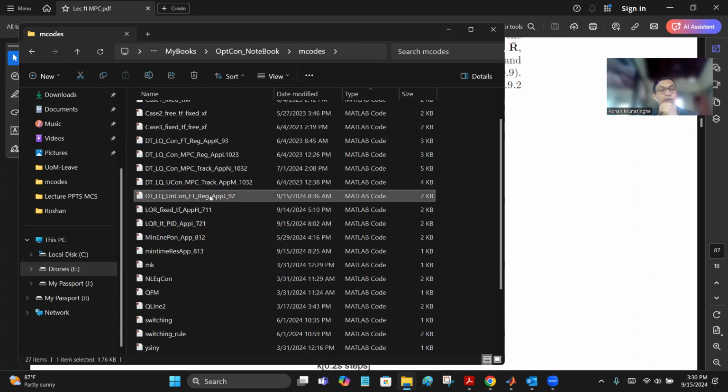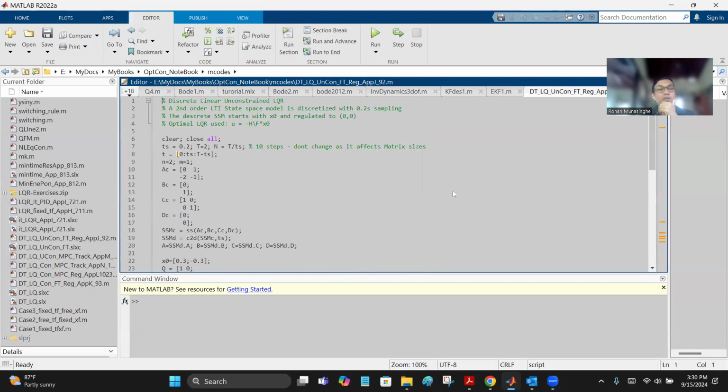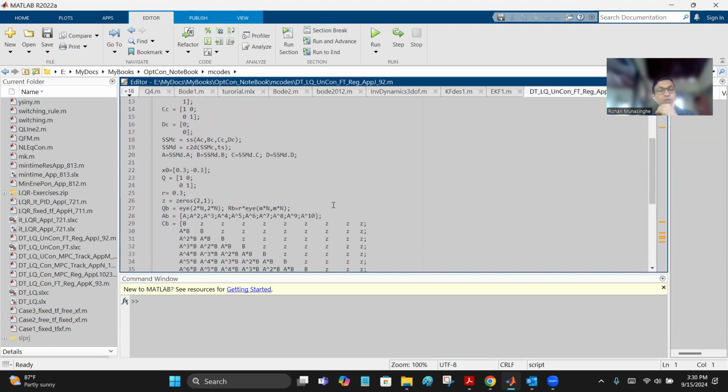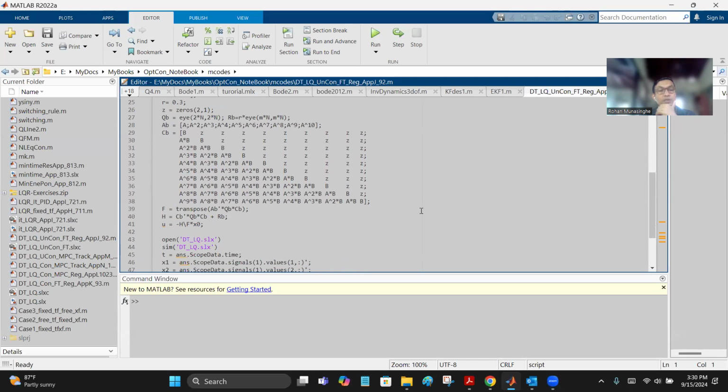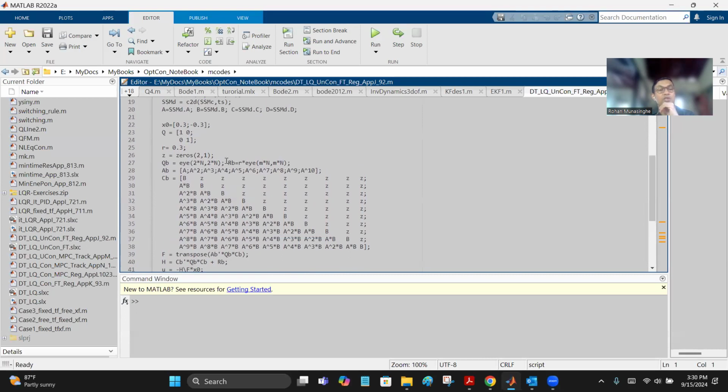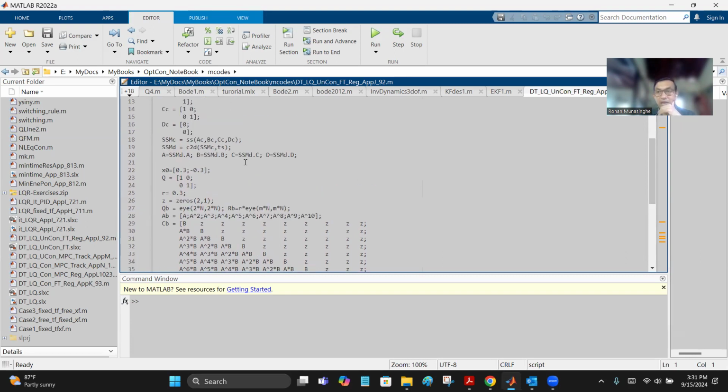Okay, so this is the code I will share with you after the lecture. And this is how it is done. The big matrix over here, right? 10 steps. So it is that big. By the way, when you run this one, don't change the steps, because then you have to change this matrix also. Okay, it's not dynamically changing. It's kind of fixed for this one. So therefore, number of steps should be maintained at 10.